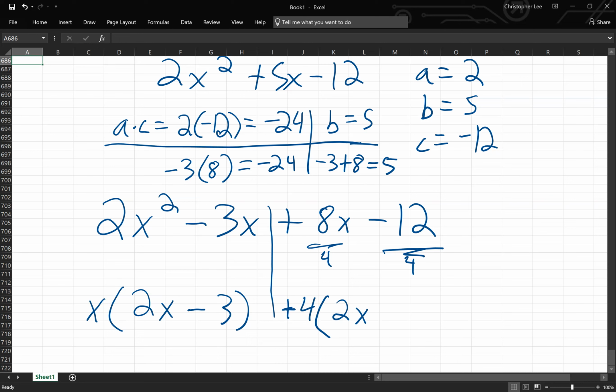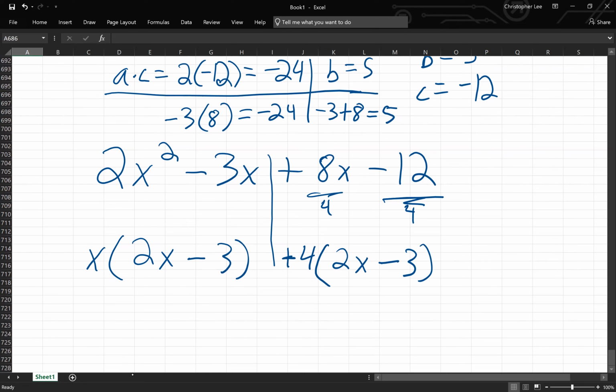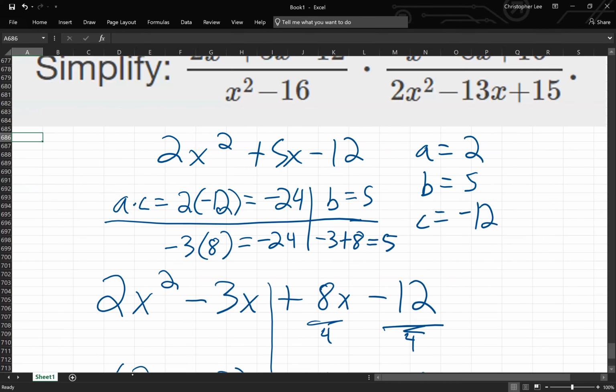A negative divided by a positive is a negative. 12 divided by 4 is 3. All right. Over here, we're going to have 2x minus 3. What's left over? X plus 4.